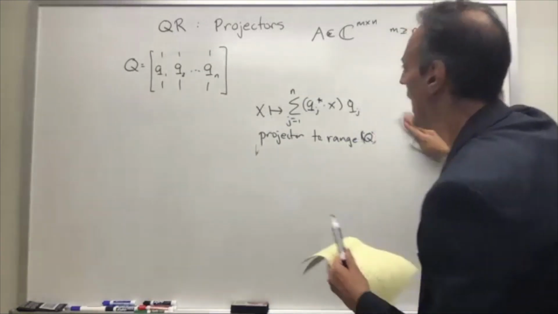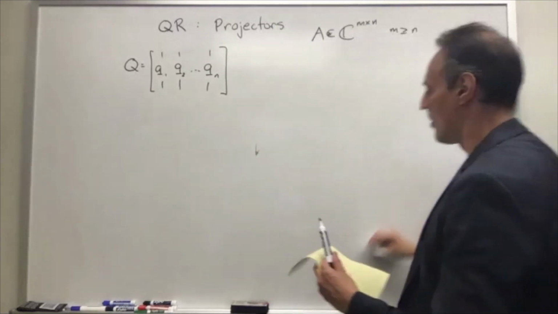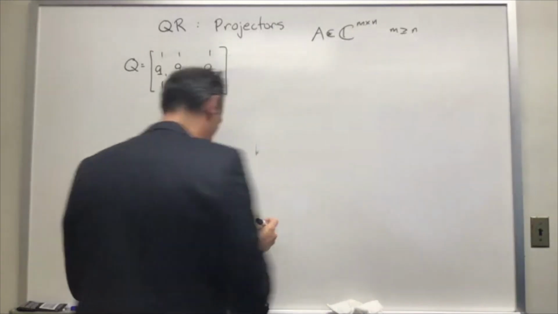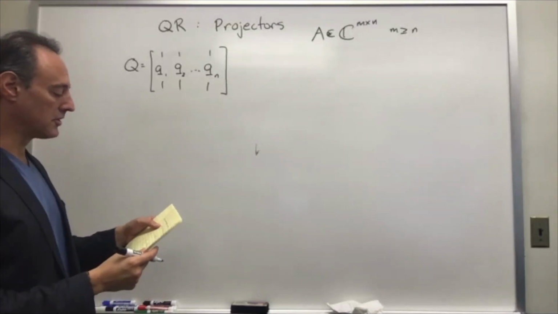So we have this concept of this Q, and you can see the orthonormal portions of this are allowing us to do some important manipulations.